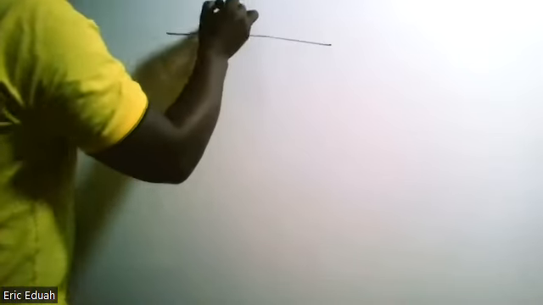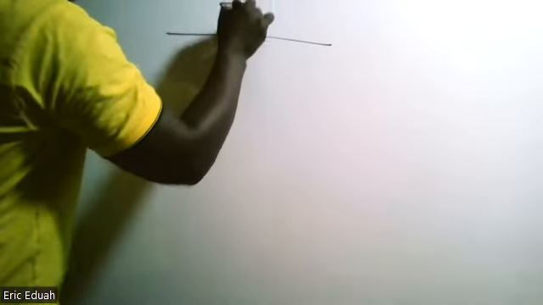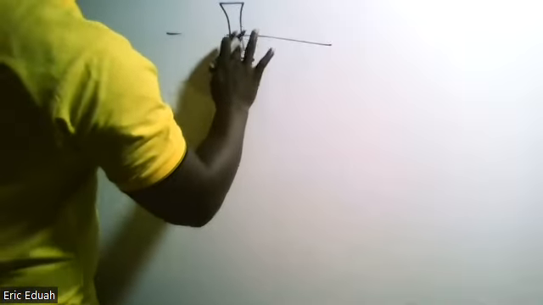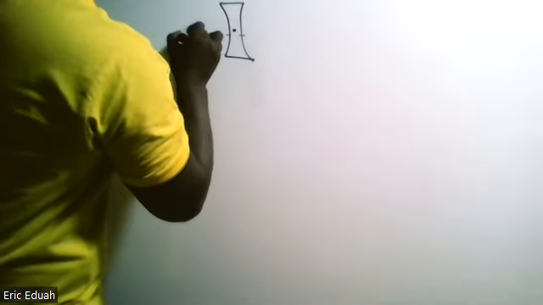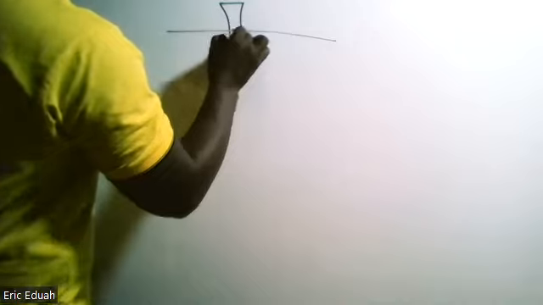Let me clear this side for the concave lens. So we have seen it for convex lenses. Let's draw it for concave. So this is the center.